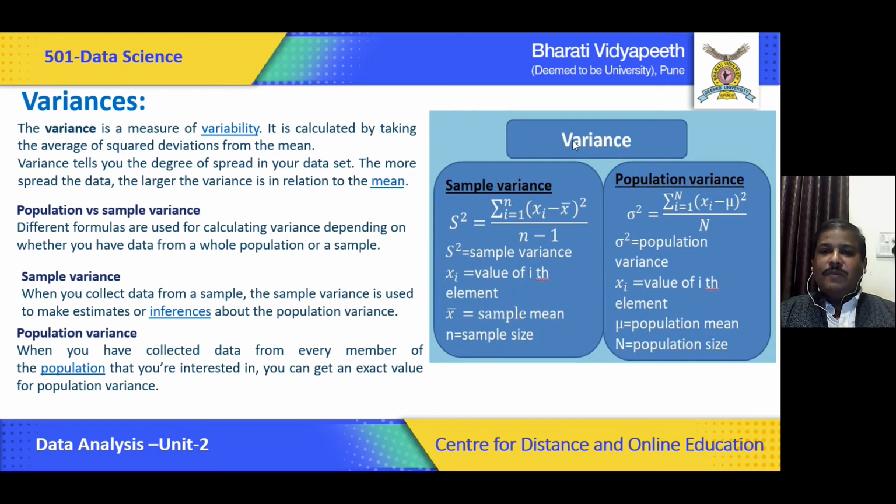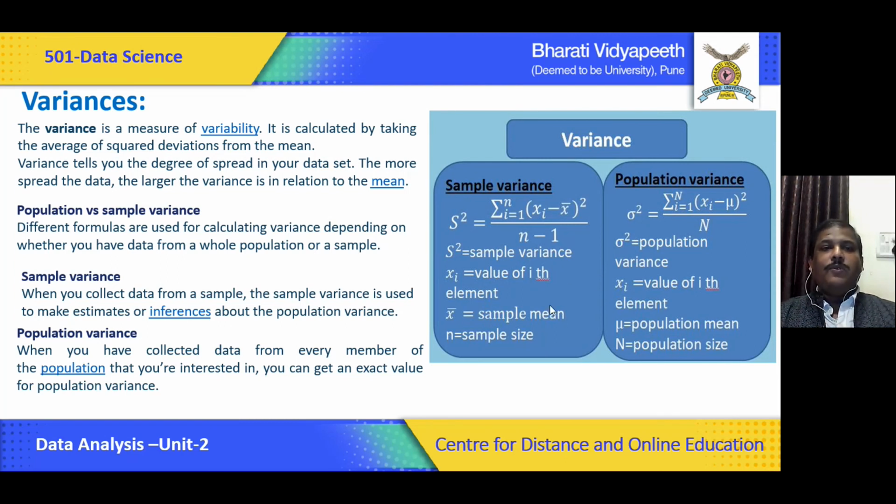You can see the example here on the right-hand side. That is the sample variance. At the bottom you have n minus 1, where n is the sample size, so you reduce it by 1. If you are going for population variance, it is divided by capital N, the population size. For example, if we are taking a particular research on total people in India or the world, or those who are vegetarian, that is a huge population size.